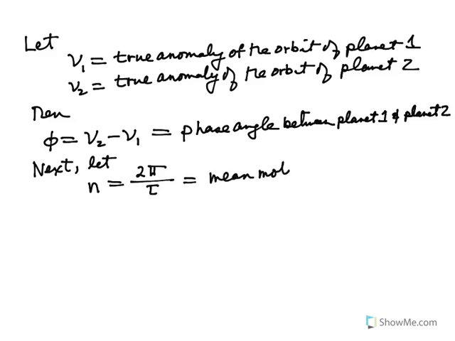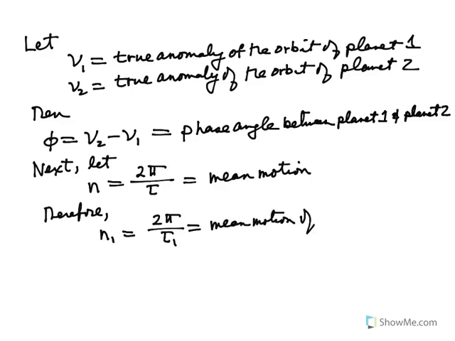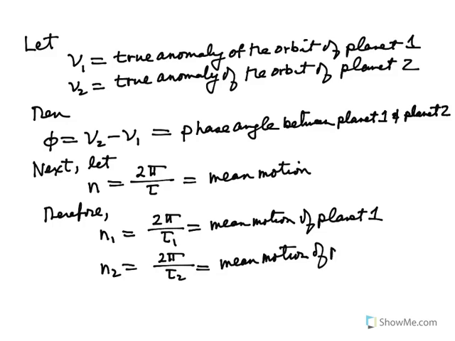Now this is just a general term, which is the mean motion. So from this, we can actually define the mean motions of each of the planets. N1 is equal to 2 pi over tau 1, the mean motion of planet 1. And then N2, which is 2 pi over tau 2, is the mean motion of planet 2.